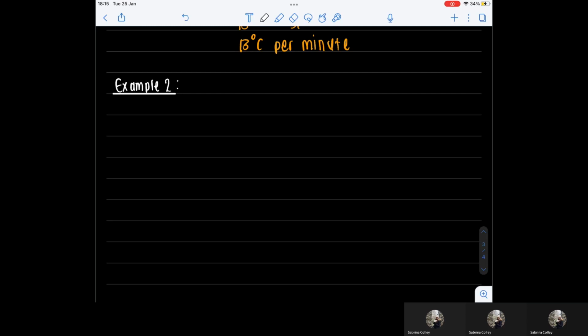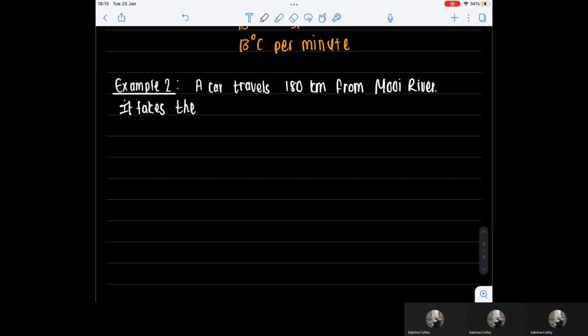All right, so a car travels 180 kilometers from Moy River. It takes the driver 4 hours.